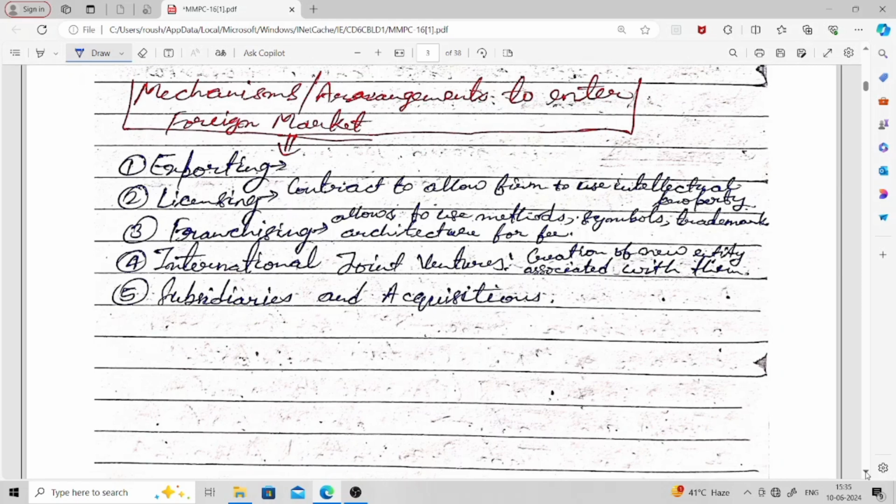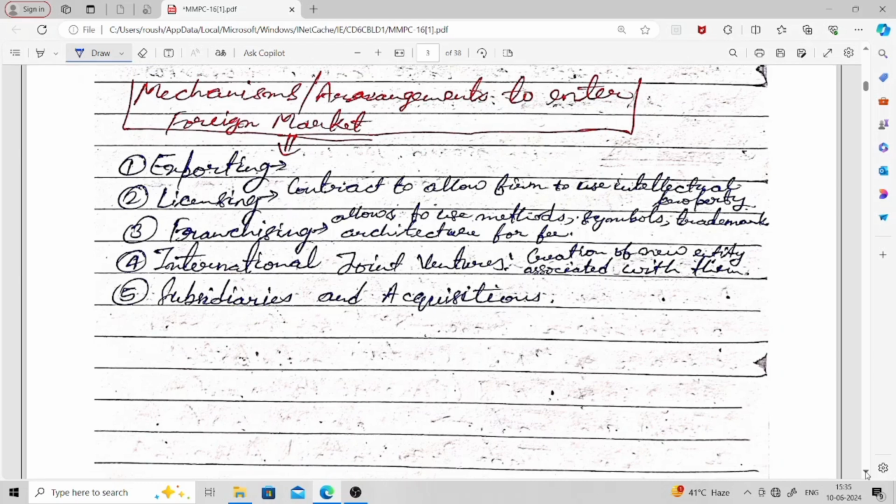Then you have subsidiaries and acquisitions. In subsidiaries and acquisitions, a company invests in the foreign country by purchasing shares of a foreign company there. A subsidiary is wholly or partially owned by the company.